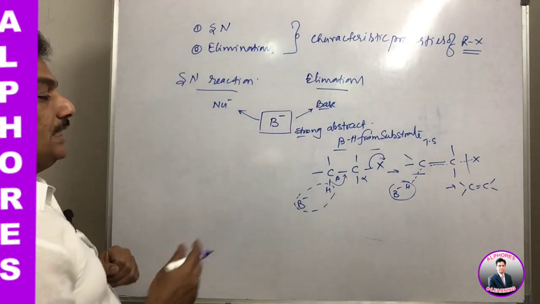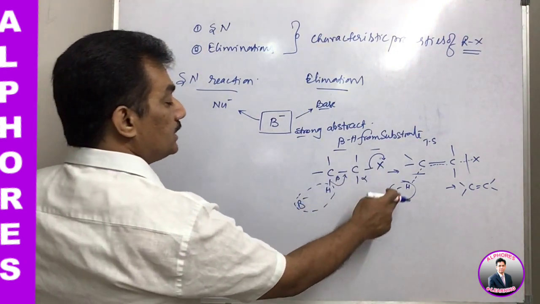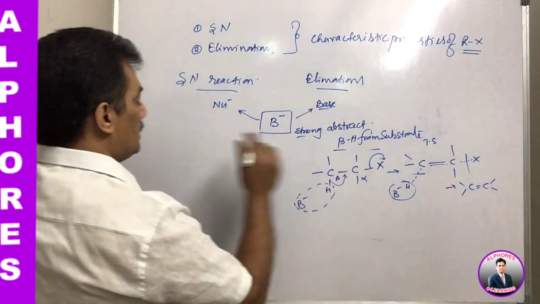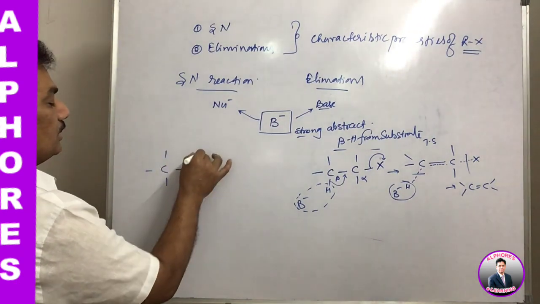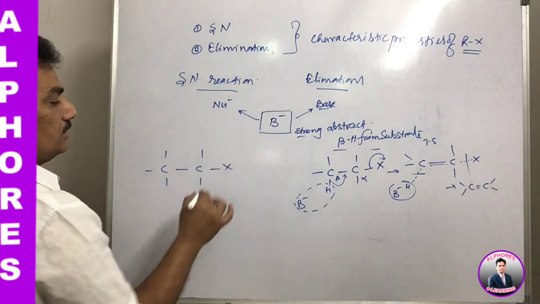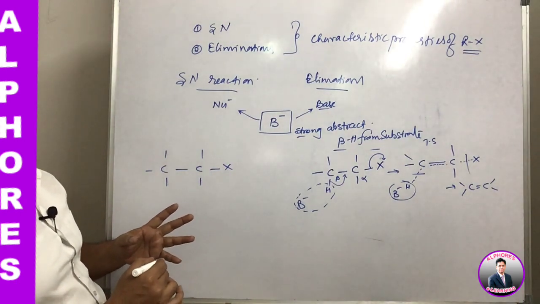Now, instead of acting like this, if this B minus is replacing, just observe here, the same reaction I am writing, giving the salient features of this reaction. Clear?